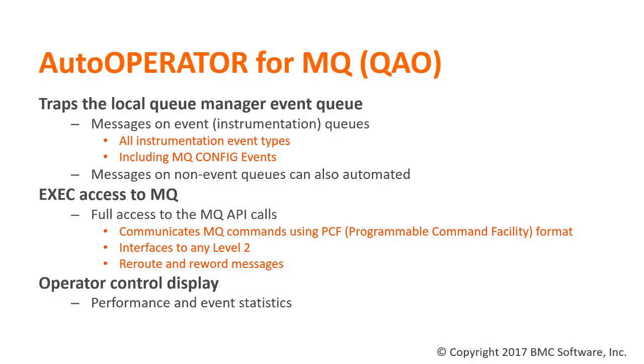For example, when MQSeries detects that a particular message queue has become full, the resulting message from MQ is not written out to the z/OS console as a WTO message. Instead, the message which indicates the condition is written to an event instrumentation queue within MQ. AutoOperator for MQ can see the message on the event instrumentation queue and respond to it in an automated fashion.